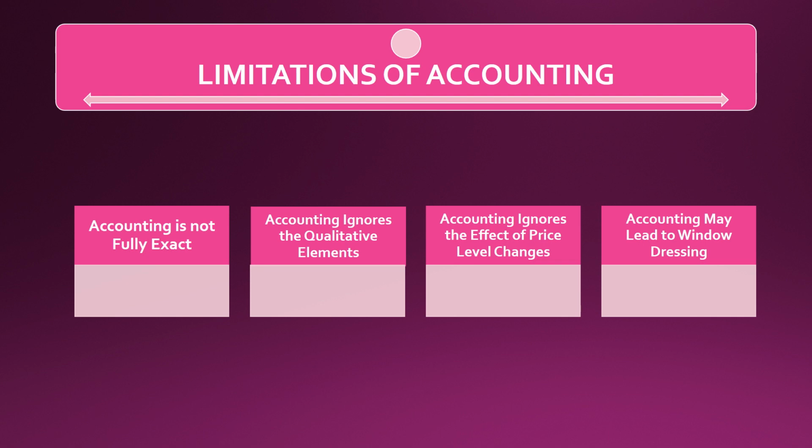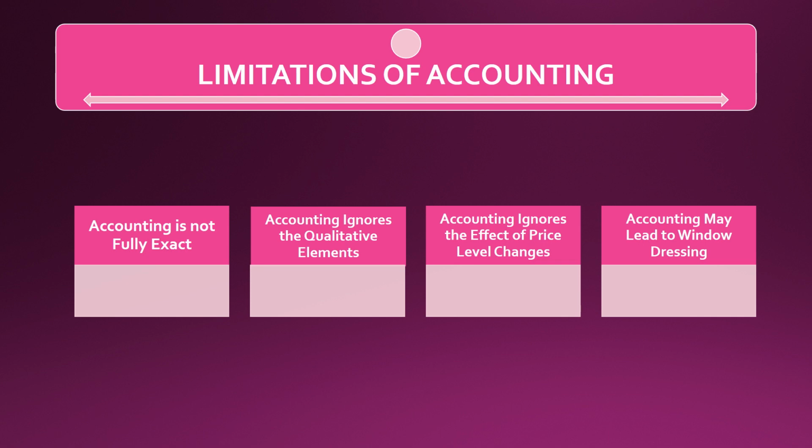No. Its value will be 3 crore. So the financial statement is showing the value of the building as 3 crore, but its present market value is 10 crore. The price has changed, but our financial statement is showing the same price. So this feature again becomes a limitation of accounting.